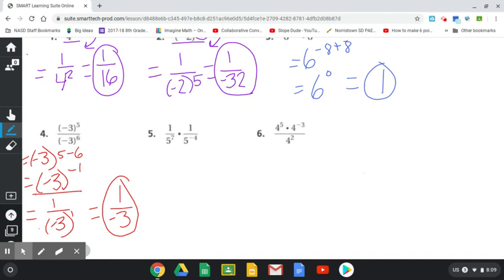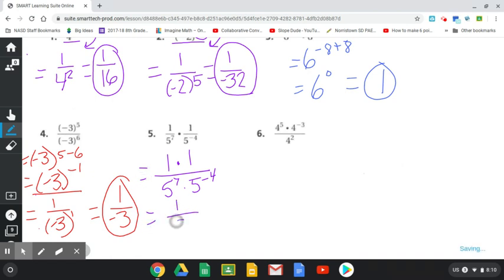I am going to rewrite this so I can get rid of my multiplication. So I have 1 times 1 over 5 to the 7th times 5 to the negative 4th. So I'm going to say 1 times 1 is 1.